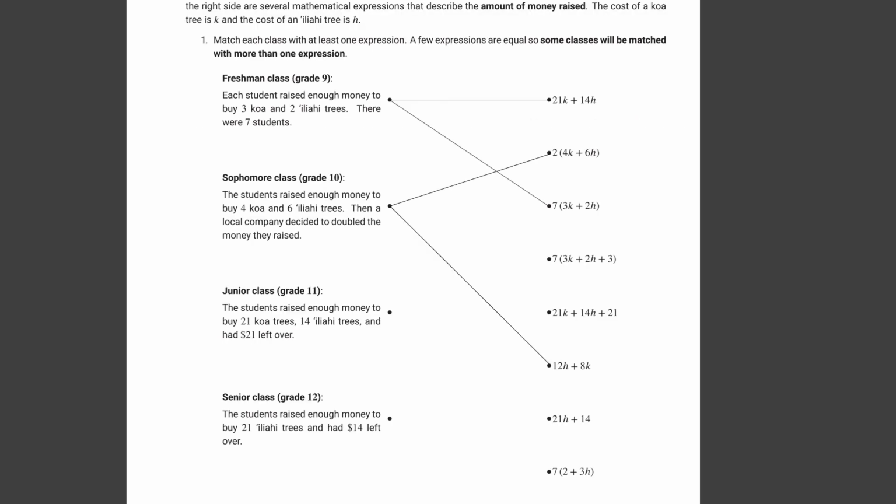Looking back at the freshman class, we saw that we have 2 equivalent expressions that we can use: 21k plus 14h and 7 times (3k plus 2h). They're both equivalent, so it doesn't matter which one we use. Let's use 21k plus 14h.